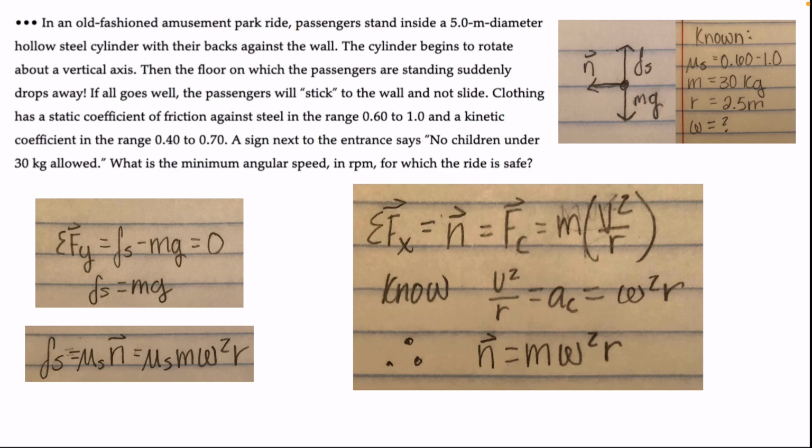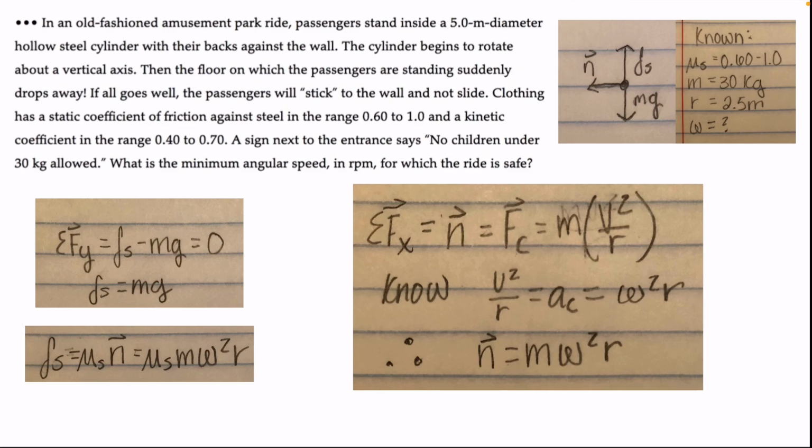And then on the right, you can see why we know that we can equate N to m v squared over r: vertically the system has to be in equilibrium, meaning that the force of static friction and mg are going to have to be equivalent.